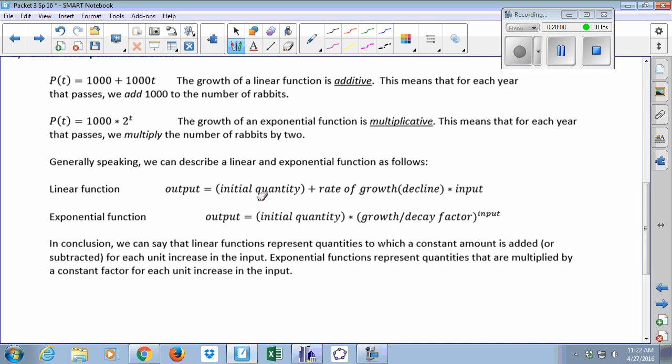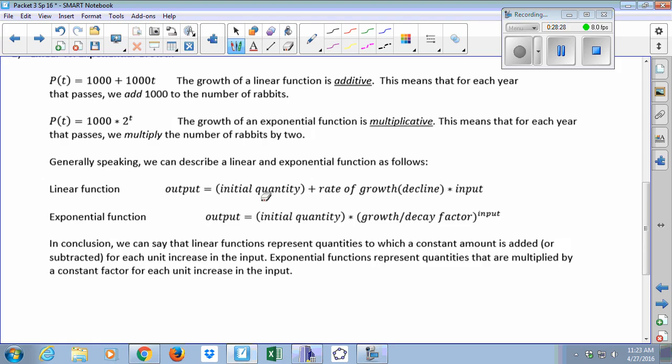Okay. So just coming back to our rabbit population example, when we see a linear function like this, 1,000 plus 1,000t, the growth of a linear function is additive. Even when it's a negative number, you can still say additive because you're just adding a negative number.